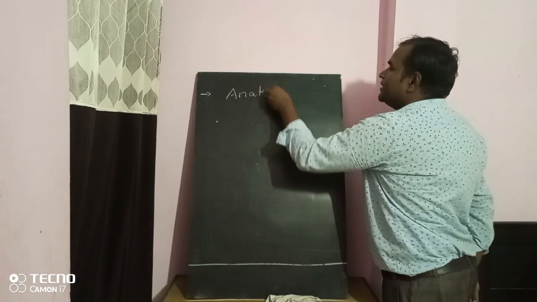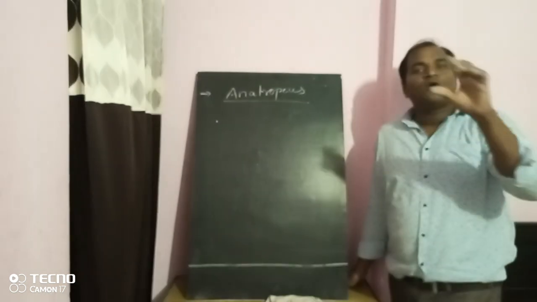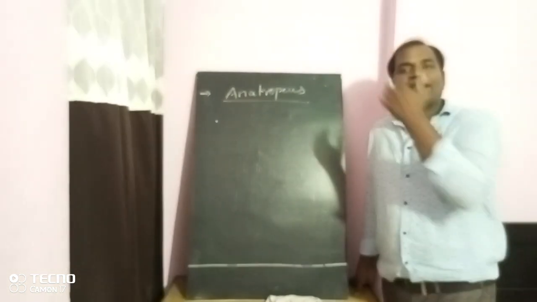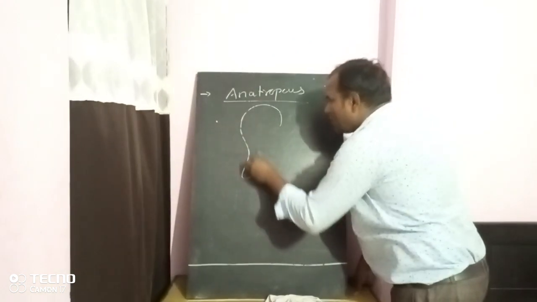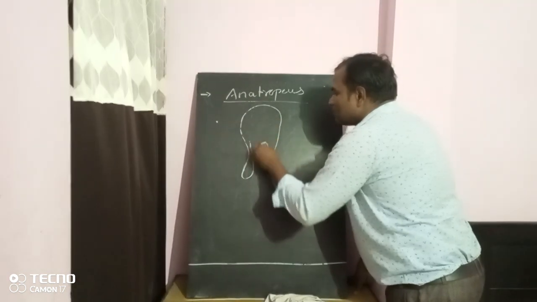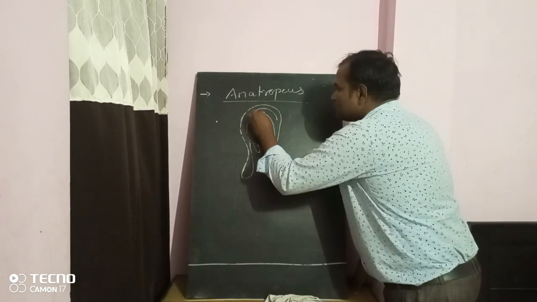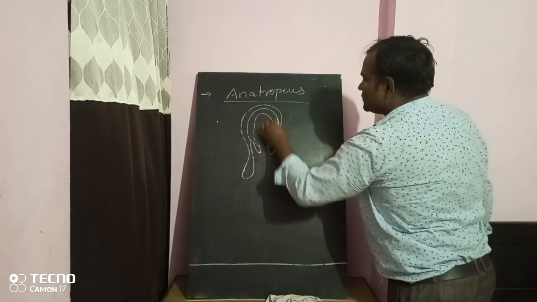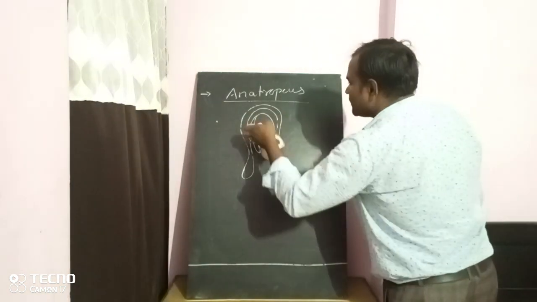The anatropous ovule is one in which the body of the ovule is curved in such a way that the ovule has two different ends. One is the chalazal end, another is the micropyle end. So this is the structure of the anatropous ovule.